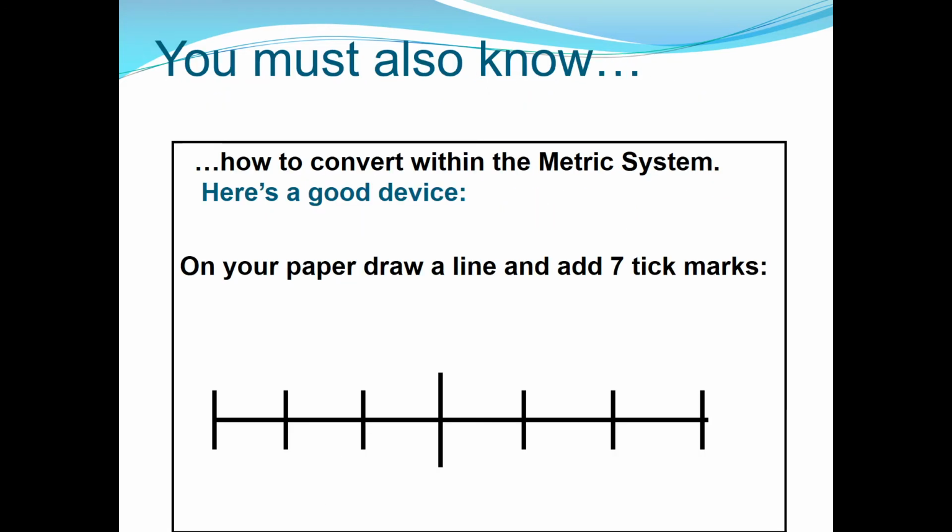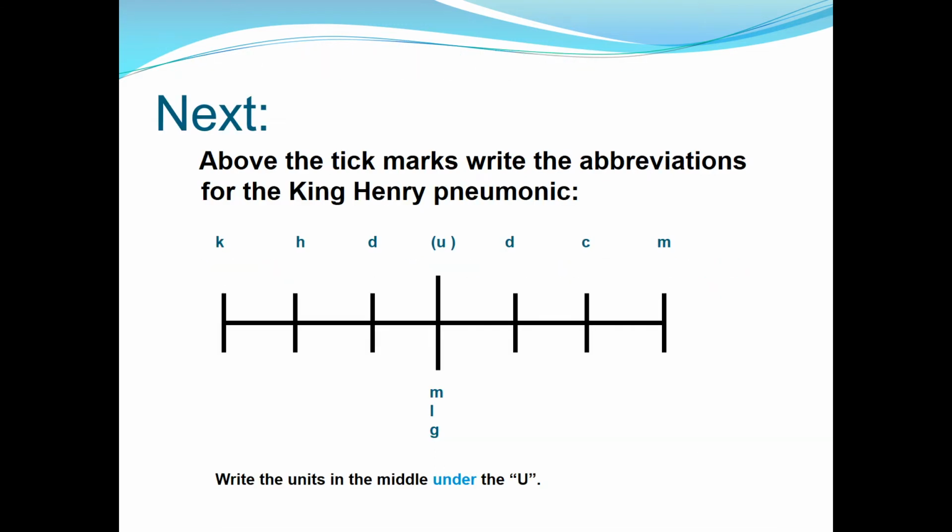However you remember it, you can draw a line on a piece of paper with 7 tick marks. Above the tick marks, write the abbreviations from the King Henry mnemonic. So we'll have kilo, hecta, deca, then our base unit, deci, centi, and milli.